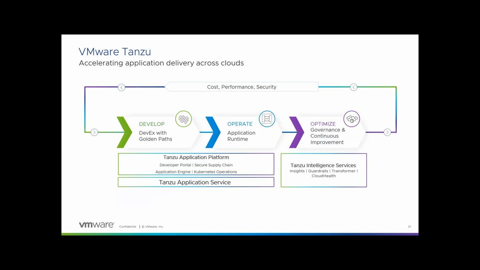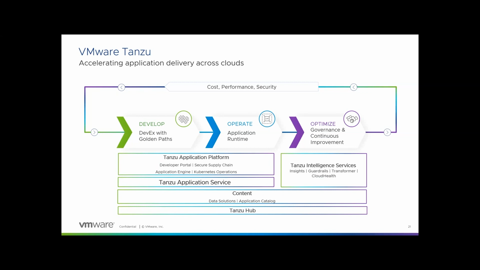The Tanzu portfolio is powered by two main product families: the TAP, the Tanzu Application Platform, and the TIS, the Tanzu Intelligence Services. And we have also the Tanzu Hub, which originally was called the Aria Hub, but we changed the name, the same tech.